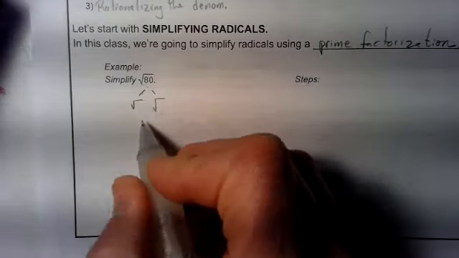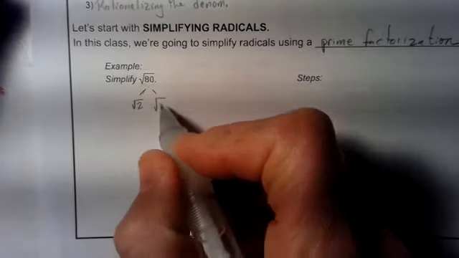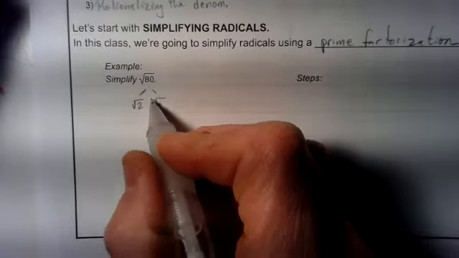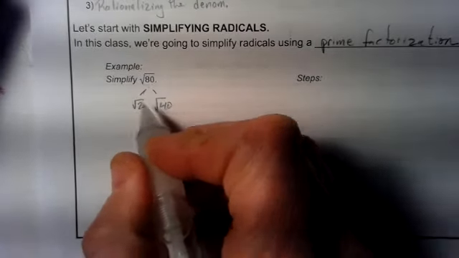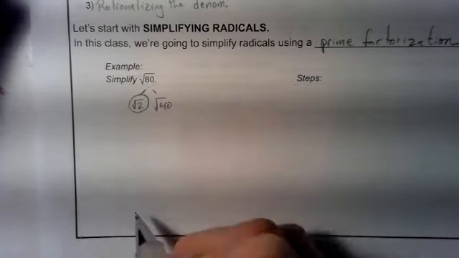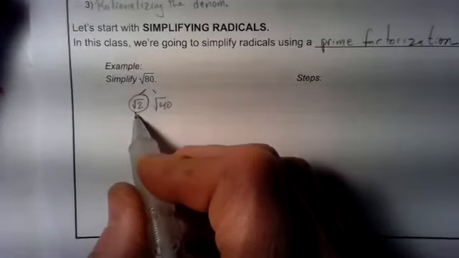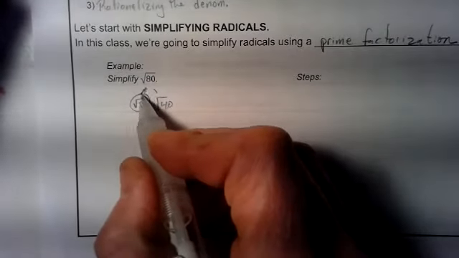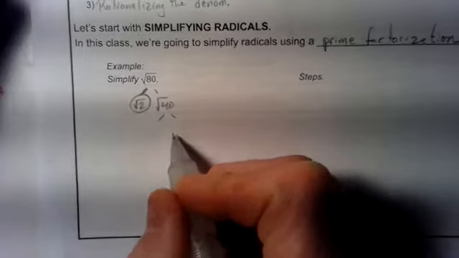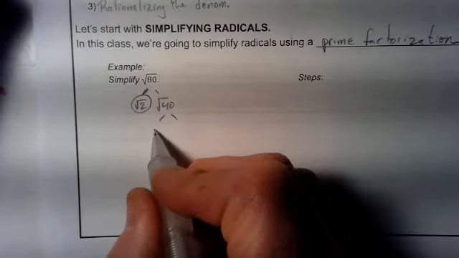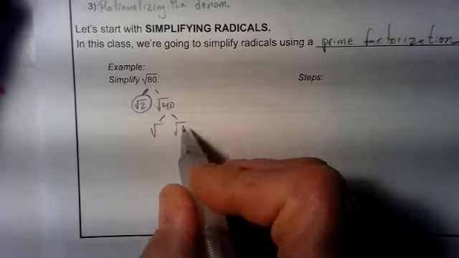So a prime factor of 80 I know is 2 because it's even. And I can split it up in half. So 2 times 40, and I'm going to circle my prime factors here. Now that branch of the tree is done because it's a prime. 40 can be split up more since it's not prime. So again, we have 2 radicals here.